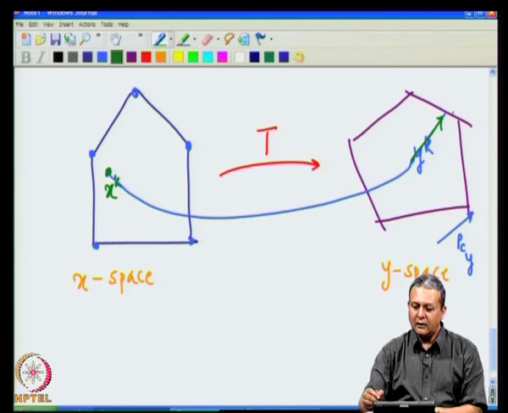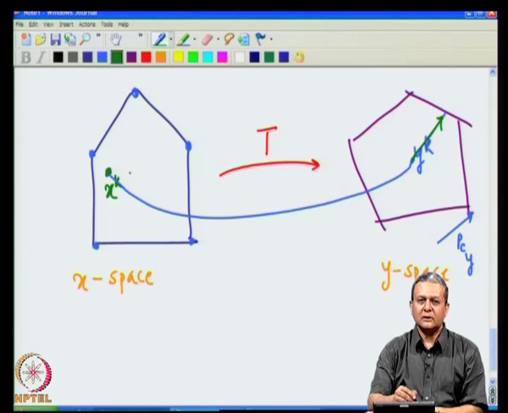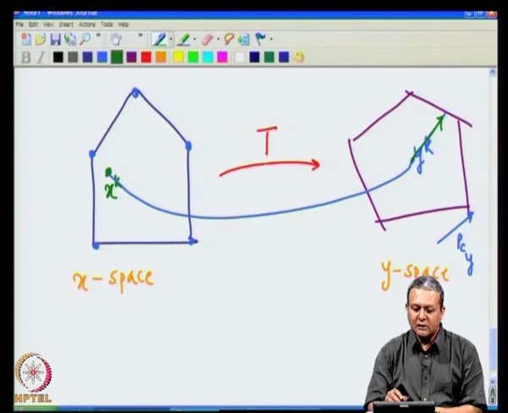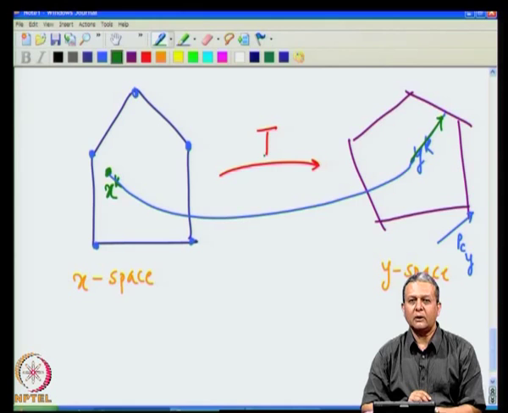And after having gone to this point, one needs to come back to the original space, and therefore we need this transformation T to be an invertible transformation. So, we will see more about this in the next class. Thank you.